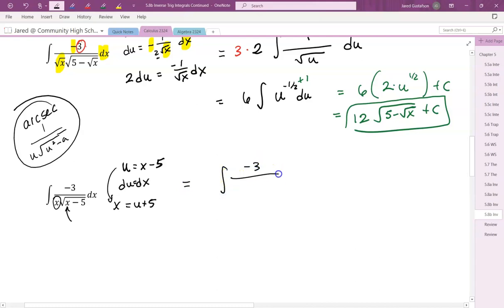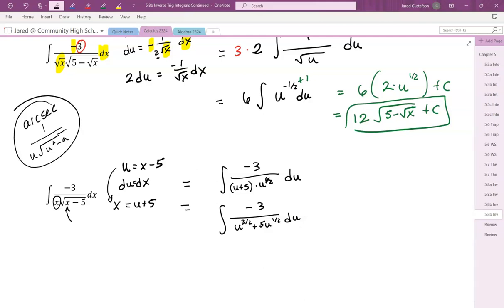We would get negative 3 over u plus 5 times u to the 1/2 du, which would be integral negative 3 over u to the 3/2 plus 5u to the 1/2 du. If that stuff in the denominator was in the numerator, that wouldn't be too bad. We could definitely do that.